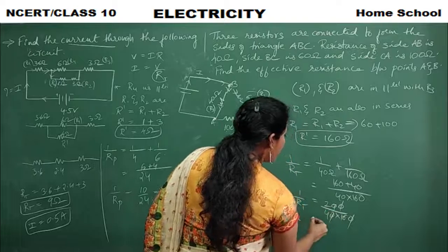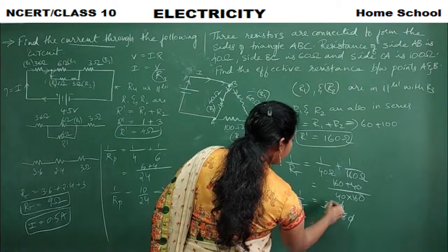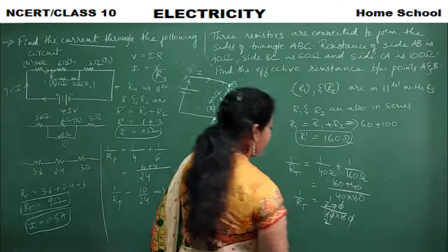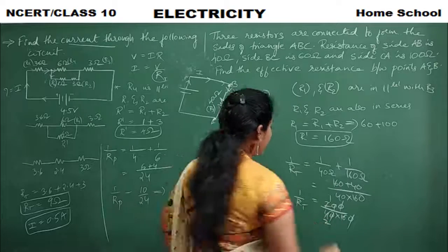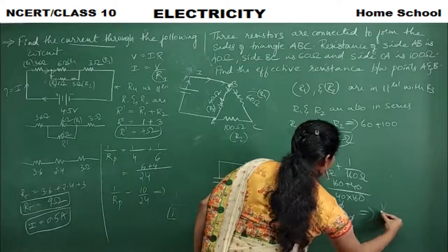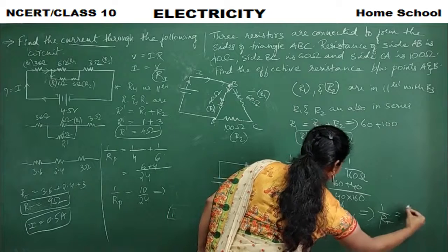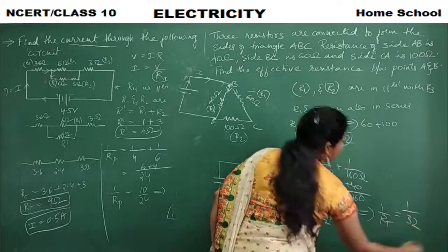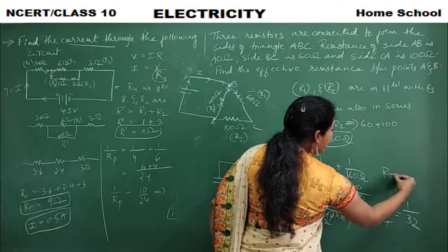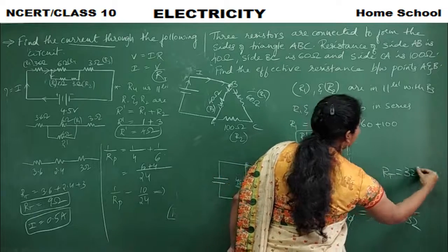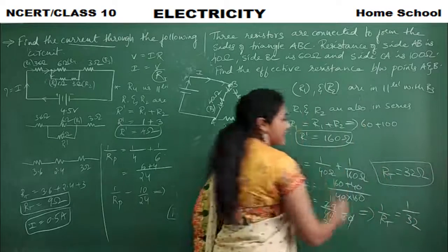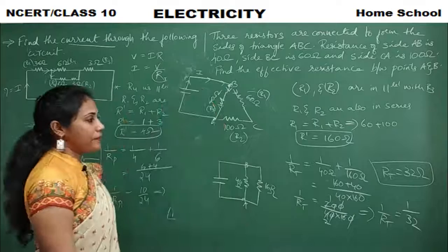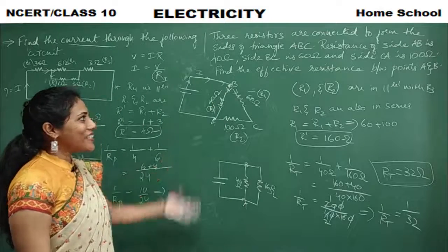Fine. So 1s are 2s are. So 16 2s are 32. So 1 by RT is equal to 1 divided by 32. RT is equal to 32 ohms. So total resistance is 32 ohms. Isn't it? See, very simple.